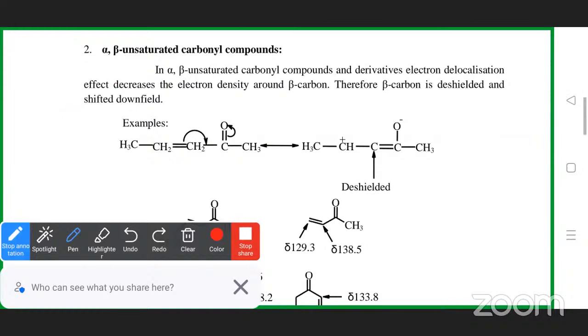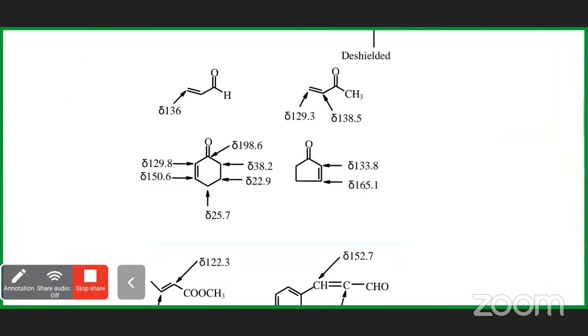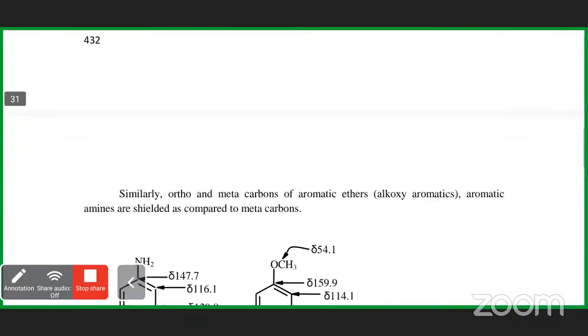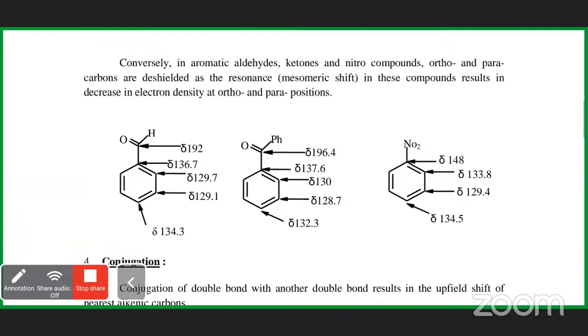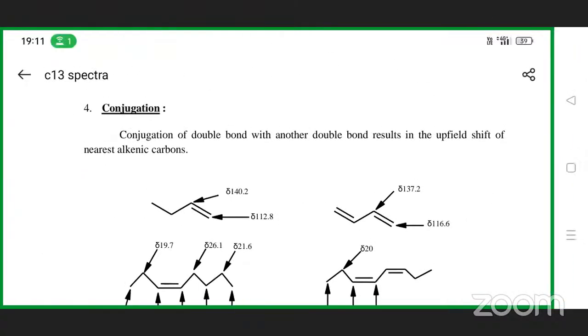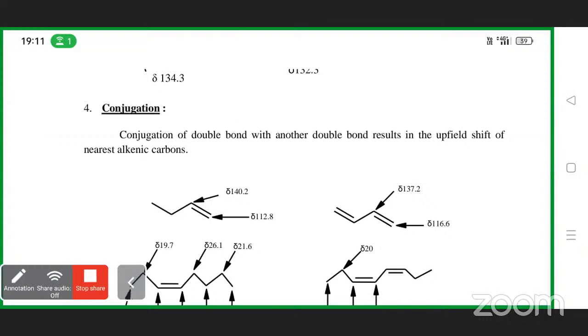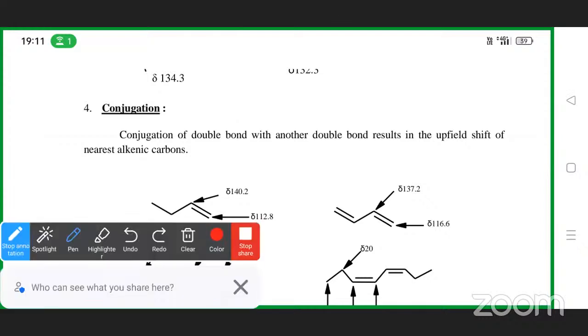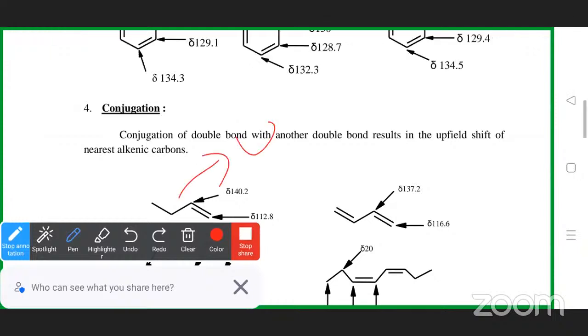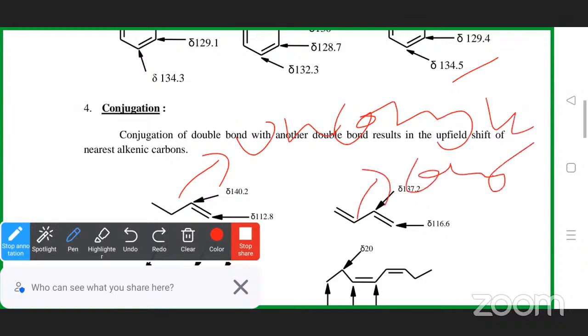Yes, the conjugation. So here conjugation decreases the delta values. Having the conjugation, it decreases the delta values. In this example, you can see this is conjugated and this is unconjugated.